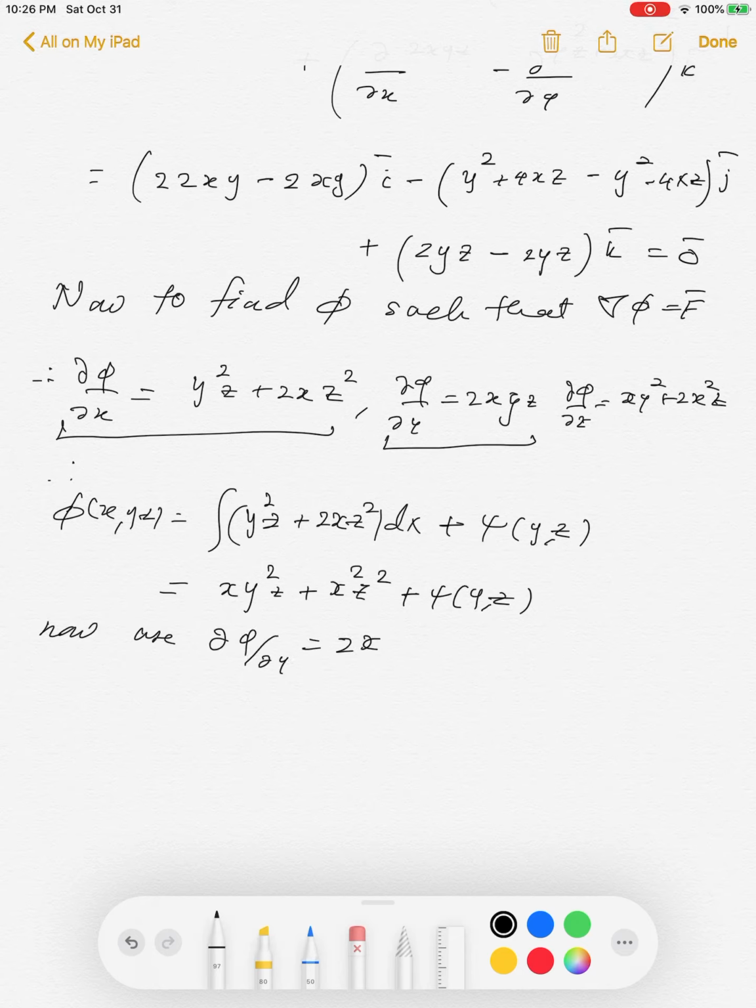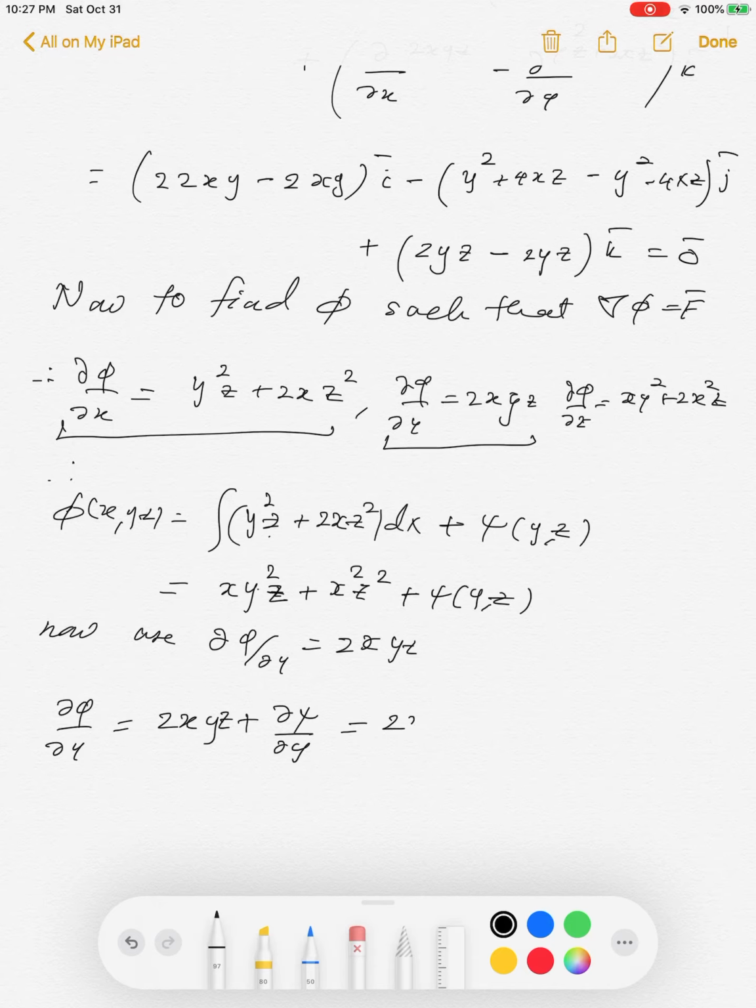So now use d phi dy to be, we know it's 2xyz, so we use this. So d phi dy is going to be 2xy plus partial of psi with respect to y, and that must be equal to, have I done this right?